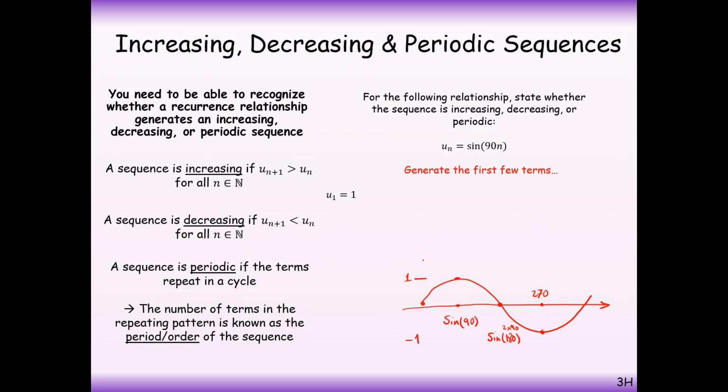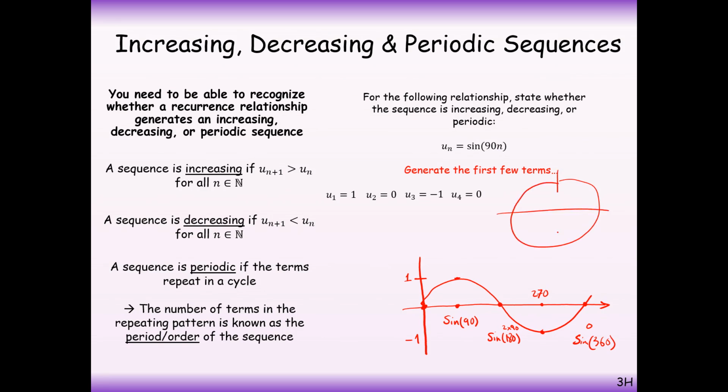And the next term would be negative 1. So we start with positive 1, we went down to 0, and then negative 1. And the fourth term would be sine of 360. Sine of 360 is 0 again. So the sequence goes 1, 0, minus 1, and 0. What do you think the fifth term would be? The fifth term would be a copy of the first term again, because this is circular.